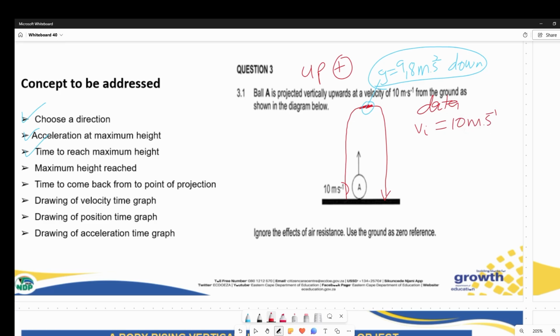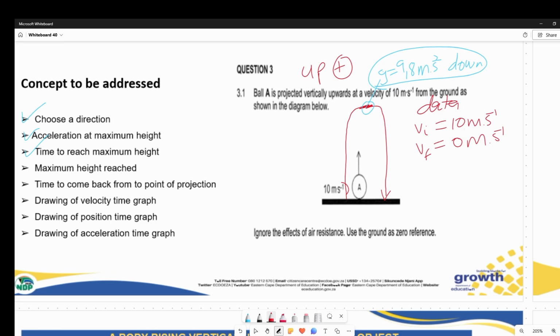Because it's going upwards, it is positive. Then, when we go to the maximum height, we do know that at maximum height the velocity is equal to 0. So the final velocity is 0 meters per second.